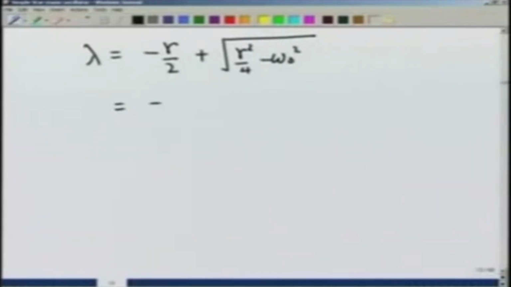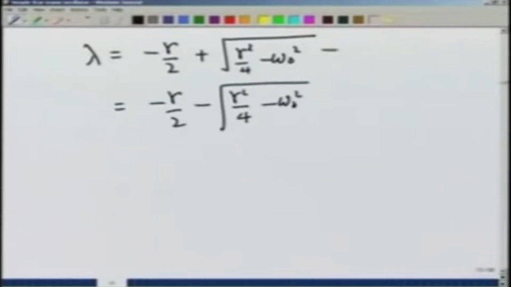So I got two roots, lambda equals minus gamma over 2 plus square root of gamma square over 4 minus omega 0 square, or also minus gamma over 2 minus the square root of gamma square over 4 minus omega 0 square.